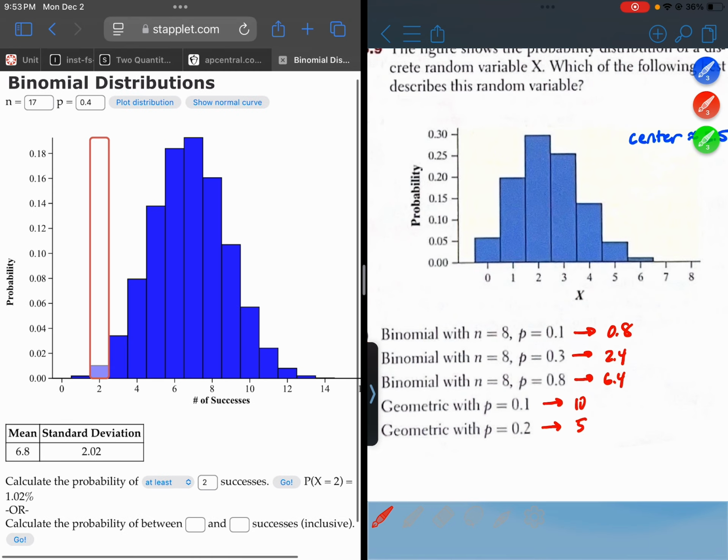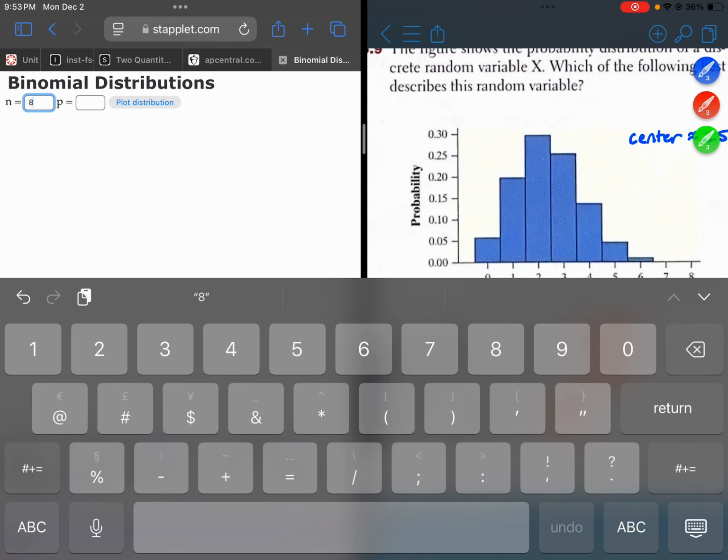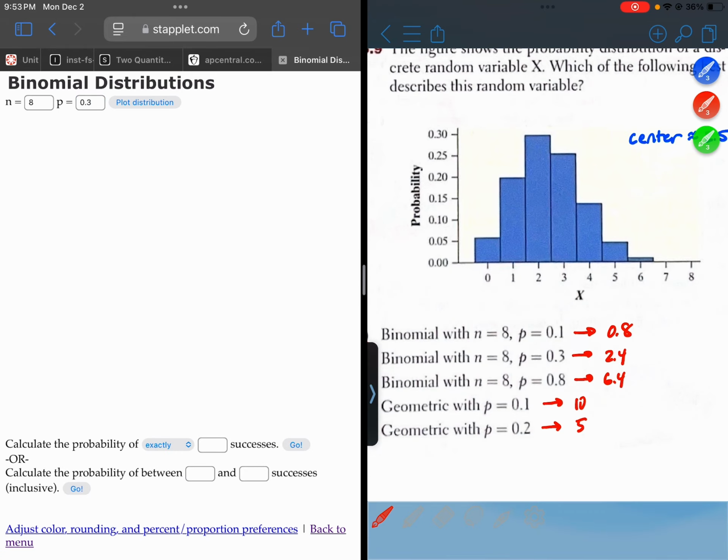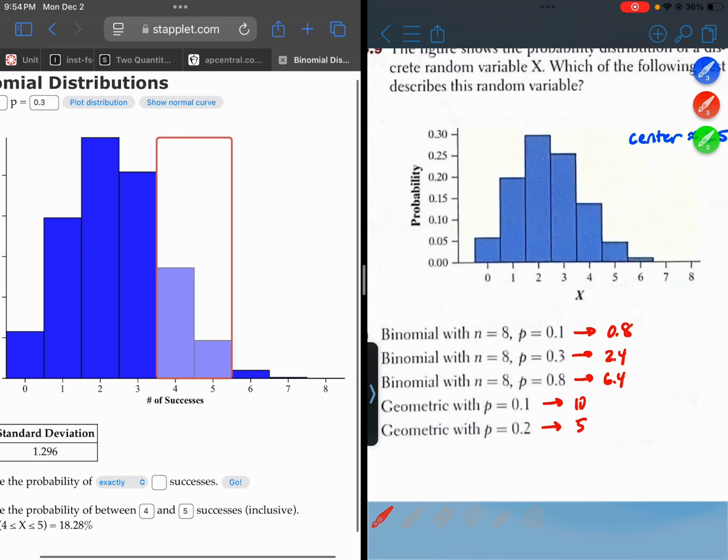Okay, so let's refresh this, and then we're going to put 8 trials and probability of success 30%. Plot the distribution. Hey, that looks pretty much like what we're seeing there in the test question.